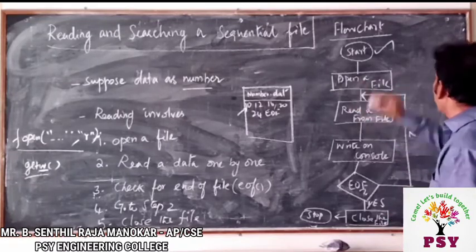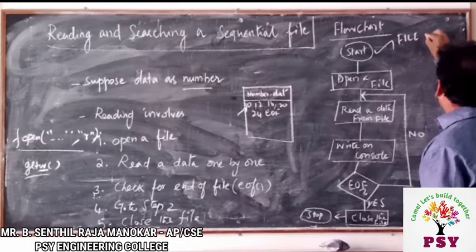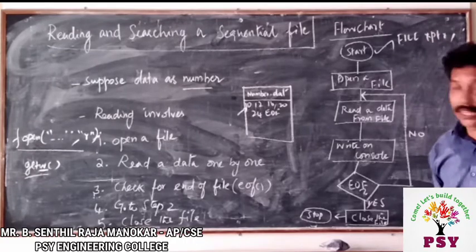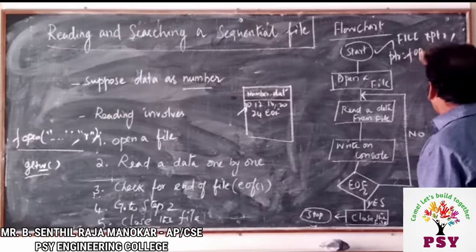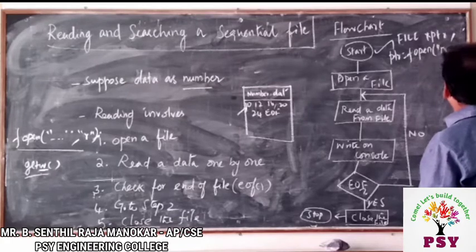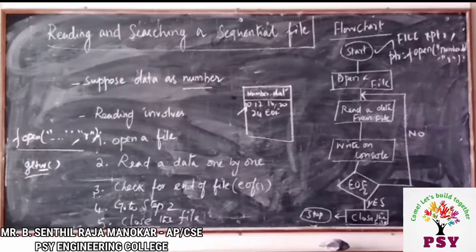For example, to open a file here, we have to write a file pointer. This is the file pointer variable creation. Then we use ptr is equal to fopen, then the name of the file, number.dat, then comma, mode is read mode. This is the open file.